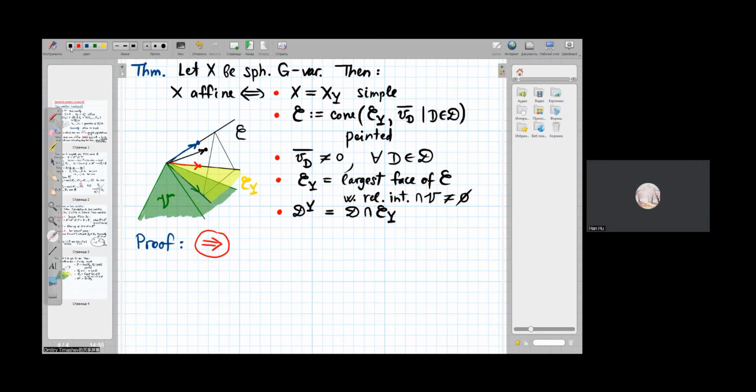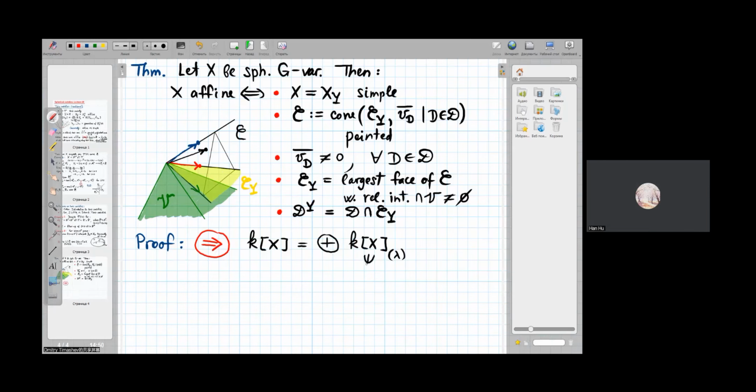Since X is affine, it is determined by its coordinate algebra, and the coordinate algebra of X is decomposed as a direct sum of irreducible G-submodules, which I previously denoted in this way, k[X]_λ, where λ are the highest weights.